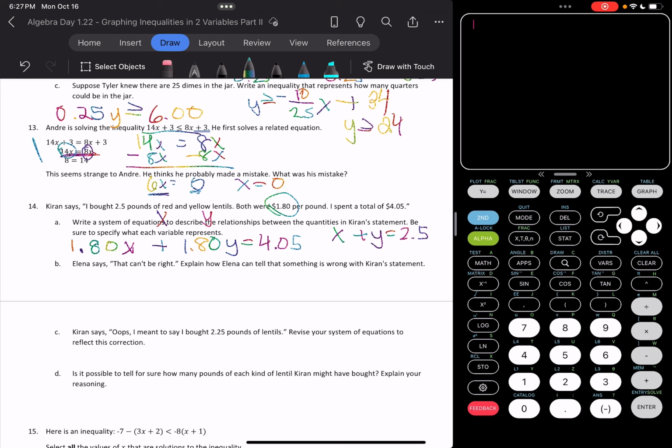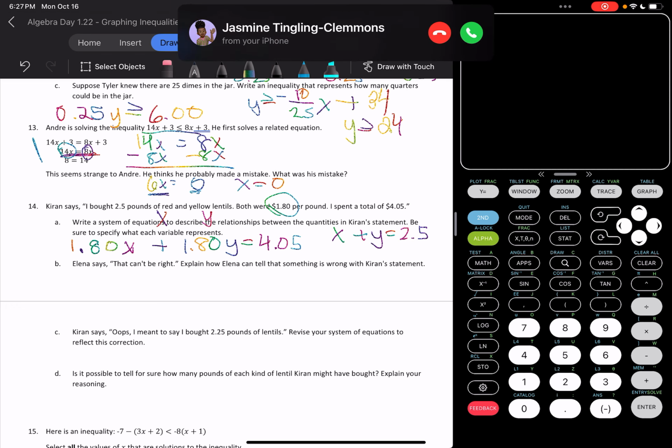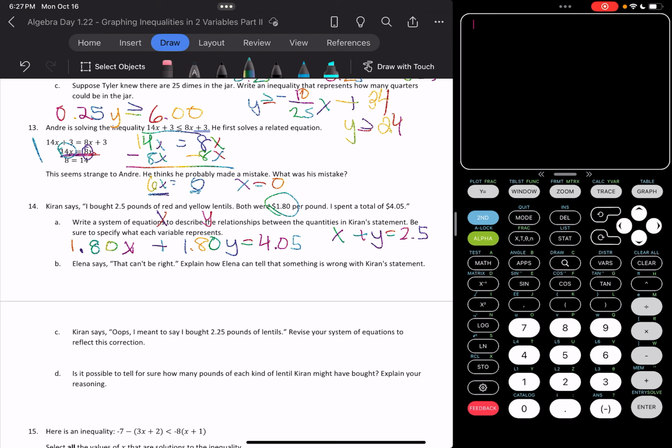Elena says that can't be right. Explain how Elena can tell something is wrong with Karen's statement. So when these equations are graphed, let's think about what would happen. If we were to graph them and put them into slope-intercept form, let's see what would happen.